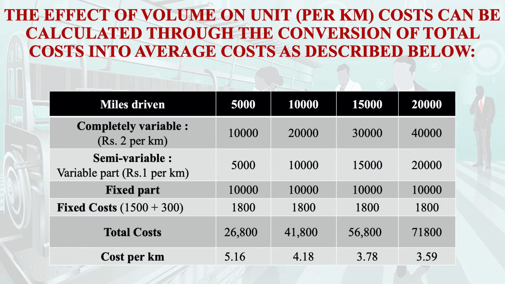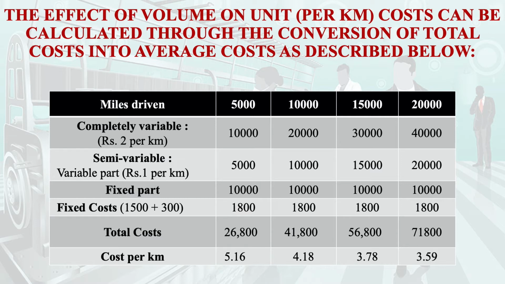Now I have shown with the help of a table that if the miles driven are 5,000, 10,000, 15,000 and 20,000, and on the left side we have variable cost, rupees 2 per kilometer, semi-variable cost, then fixed cost, then total cost.